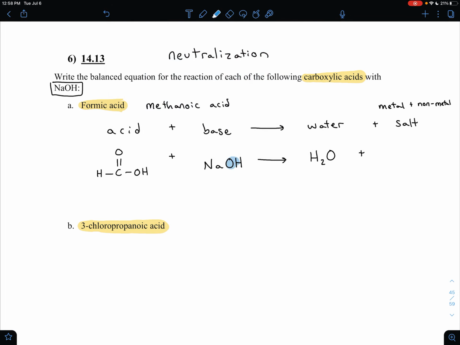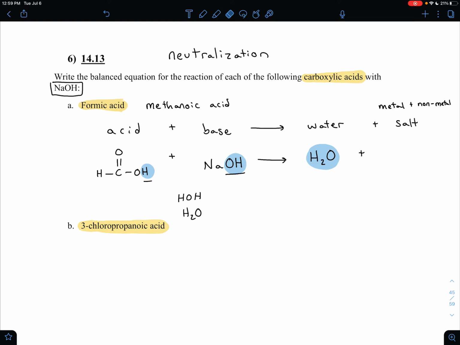So the OH from the base combines with an H from the acid. The acid donates an H plus. The base donates the OH minus. Do you see that when you bring those together, you get HOH? That's really H2O. So that's how we're getting the water, that H2O there.